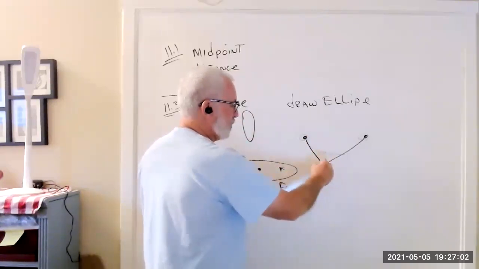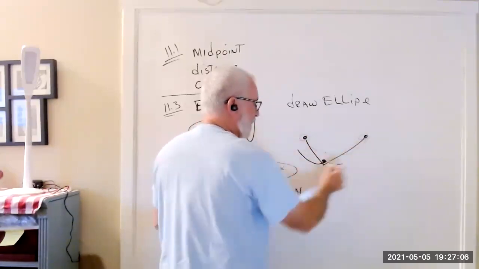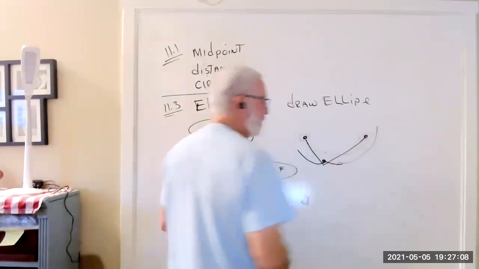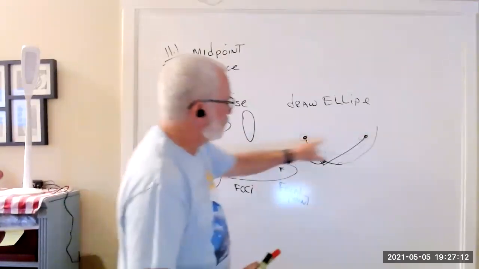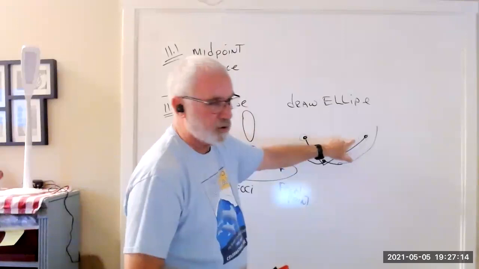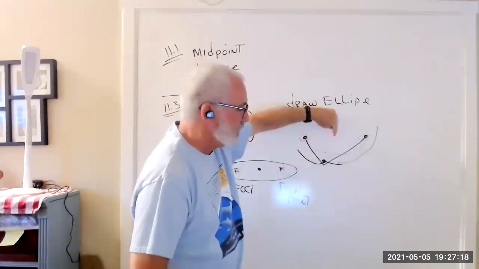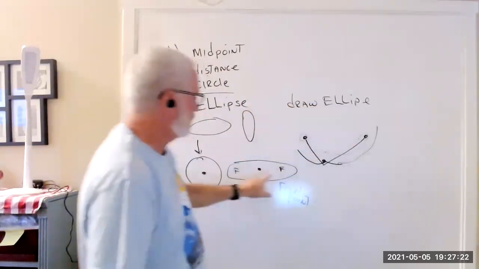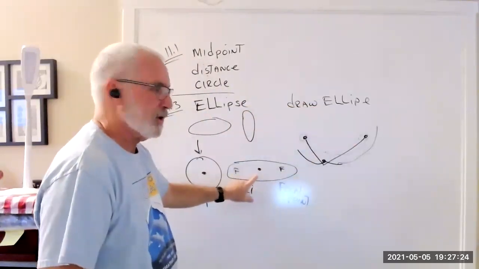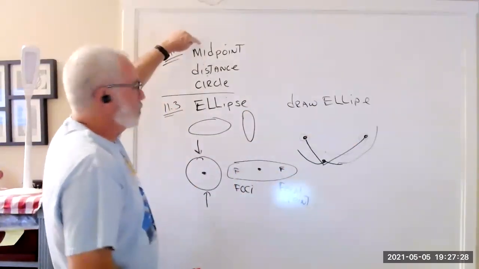And then you start moving your pencil around, keeping this string tight. And you'll see that eventually you create an ellipse. And these two pins that you put down are called the focal points. And midway in between them, the midpoint, get that, is the center. So the center is the midpoint between the two focal points, which is why we needed that.